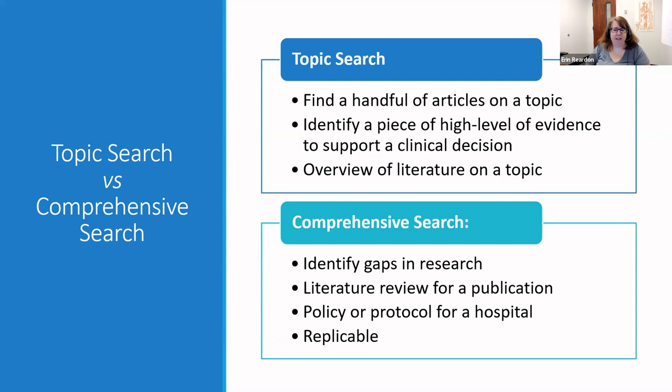If you are writing a literature review for a publication or for a grant application, you want to have a good idea of what all the literature says and not just what 5 articles that you found randomly say. If you're writing a policy or a protocol for a hospital, that is another reason that you might want to do a comprehensive search.